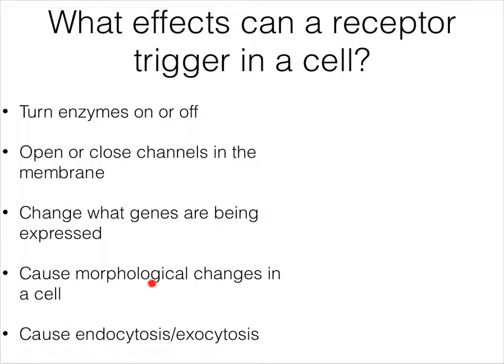Receptors can cause morphological changes in a cell. A good example of this is in the cells of the immune system. When you are damaged or infected, you produce a chemical called an alarmone, which basically just means a warning hormone.